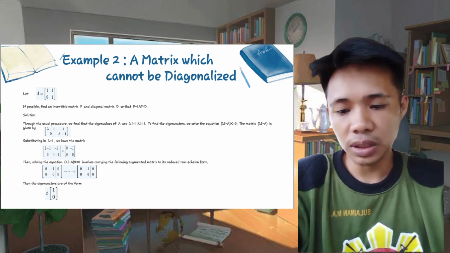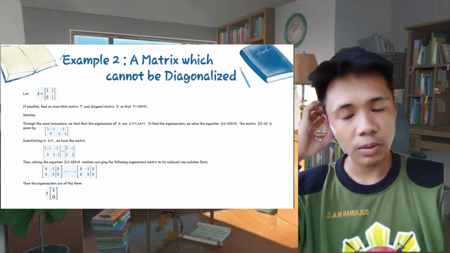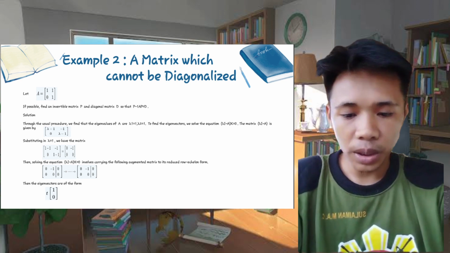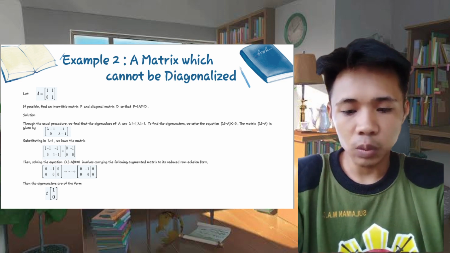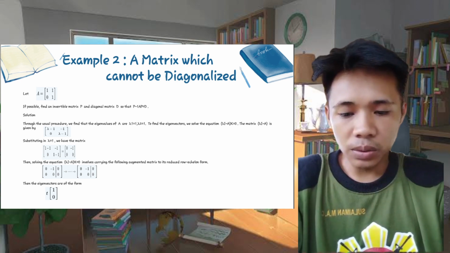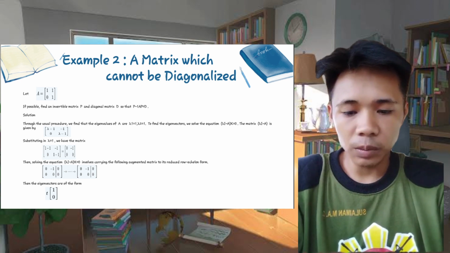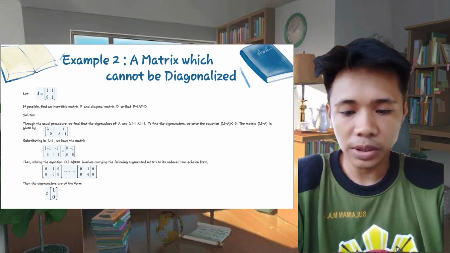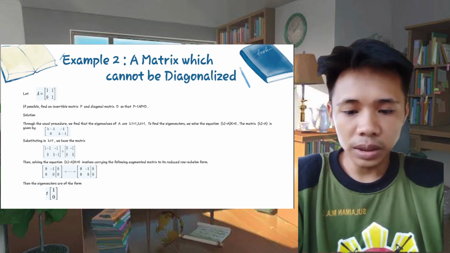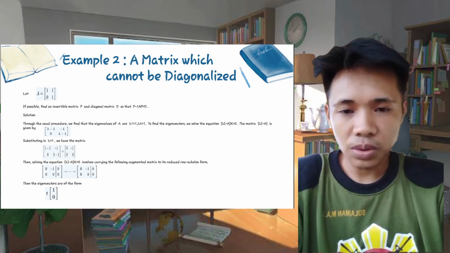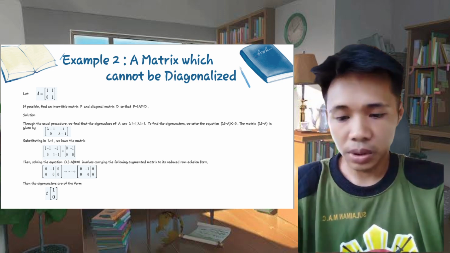So substituting lambda equals 1, we have the 2 by 2 matrix row 1: 0, negative 1, row 2: 0, 0.